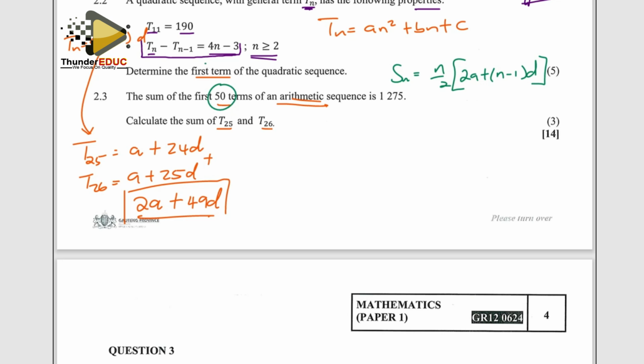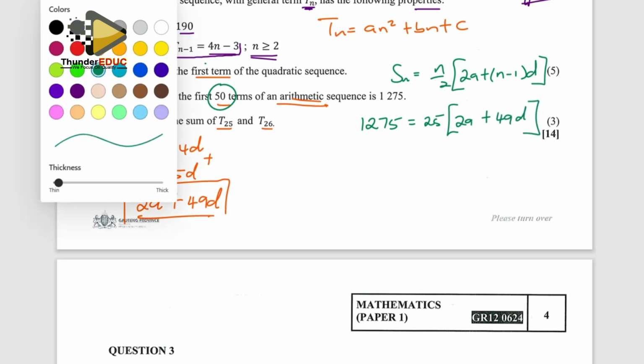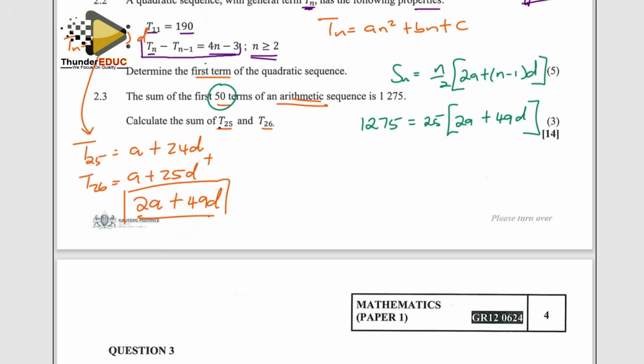So I have my Sn as 1275. This is going to be 50 over 2, which is 25, into 2a plus, what is 50 minus 1? That gives me 49d. But now what I can see is that this bracket is the same as this.